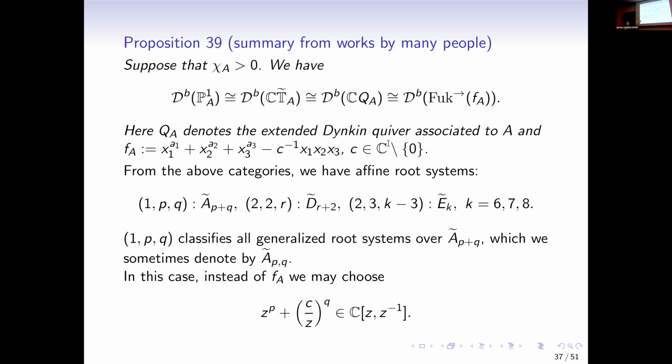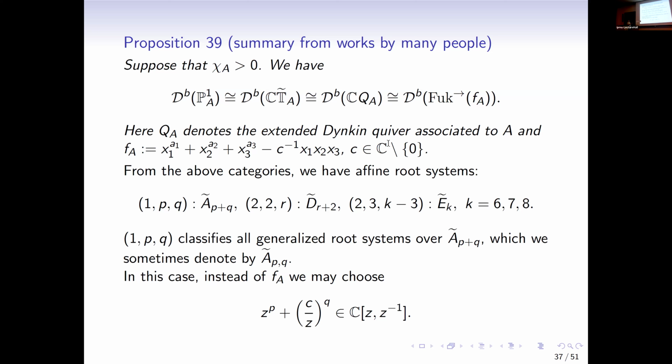And here we have the extended Dynkin quiver associated to the numerical data A. And this small f_A is this one, which we call a polynomial. According to the classification of A, they correspond to these types.